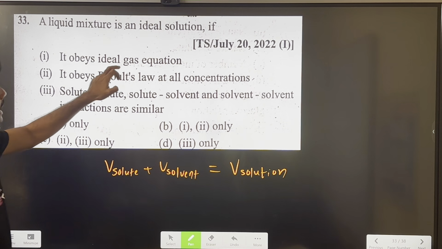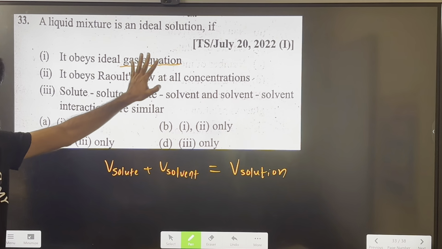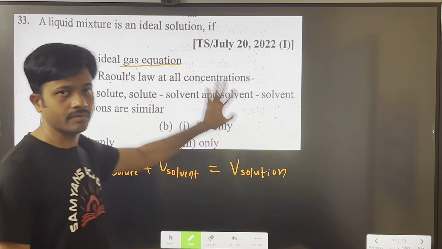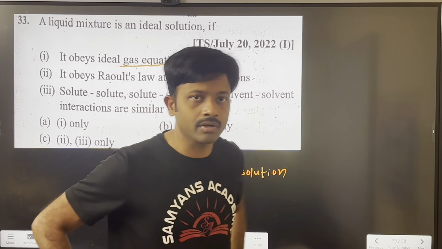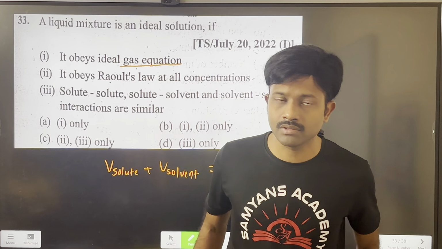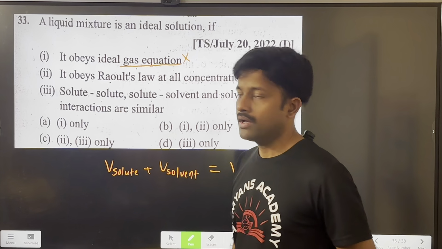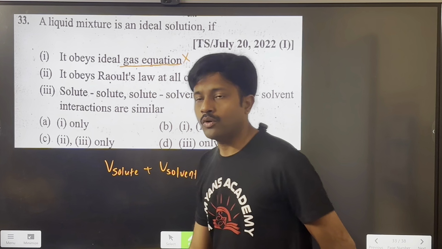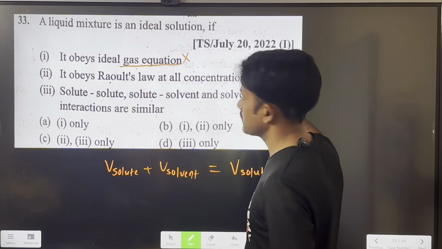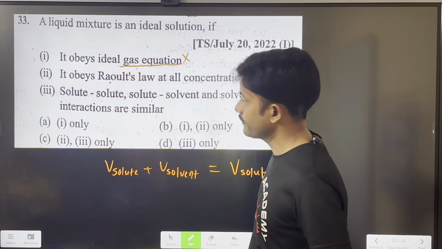But here, the ideal gas equation is different and ideal solution is different. The ideal gas equation is PV equals nRT. There is no relation between the ideal solution and the ideal gas equation. So we need not consider the first option. And the second option, it obeys Raoult's law at all concentrations. Yes, this is correct, right?